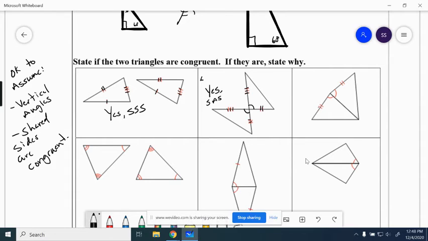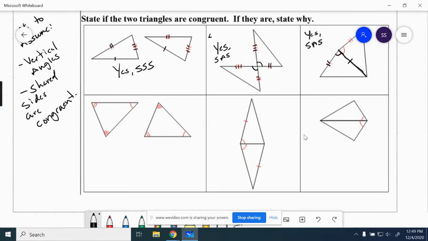We have side, angle, and then we have this shared side. And obviously if it's the same segment, they have to be congruent. So what we have here is side, angle, side as well. So yes, they are congruent because of side, angle, side.